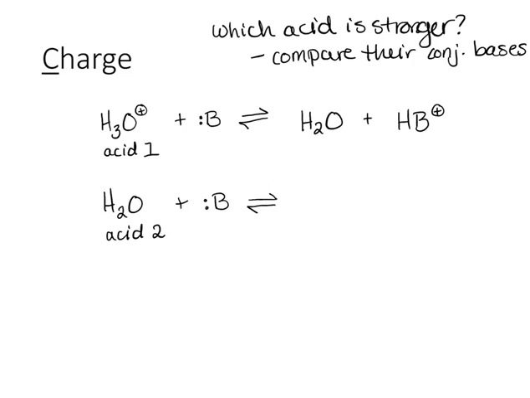But remember, we're really interested in the conjugate base. Okay, now water, if it acts as an acid, it's going to again donate a proton, so we'll end up with OH minus, which is the hydroxide ion, and our conjugate acid.